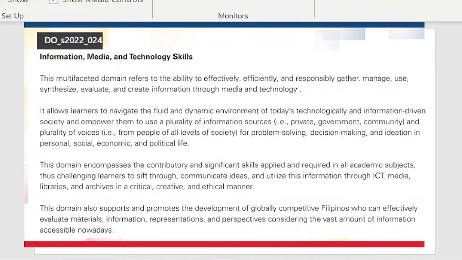This domain encompasses the contributory and significant skills required in all academic subjects, thus challenging learners to sift through, communicate ideas, and utilize this information through ICT, media, libraries, and archives in a critical, creative, and ethical manner.